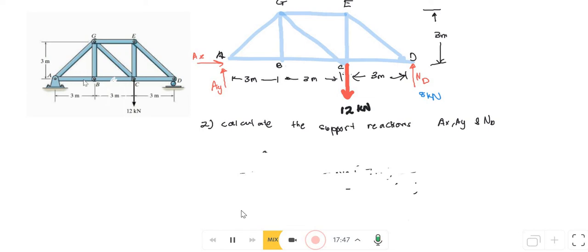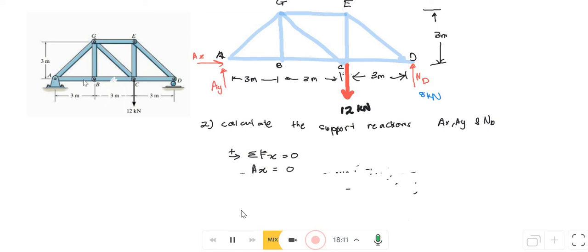So when you write the equation, the summations of Fx equal to 0. And because we only have AX, so we know that there's no other external forces here, and we get AX equal to 0. So AX is very easy.